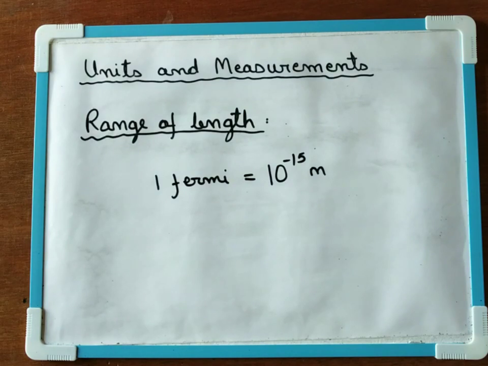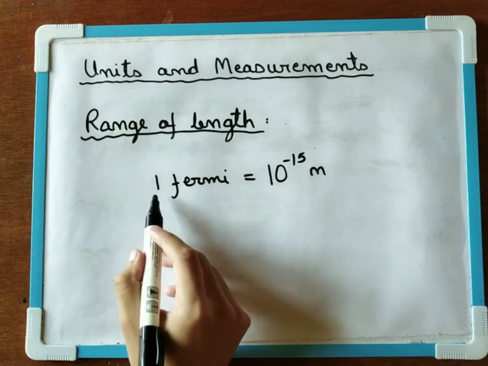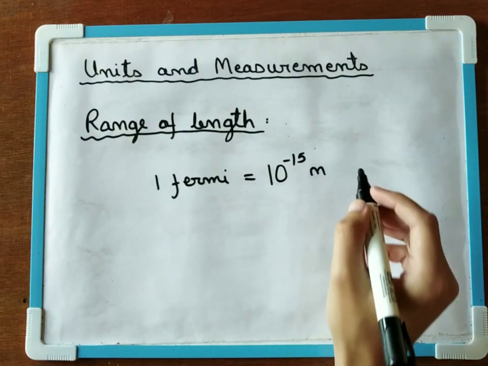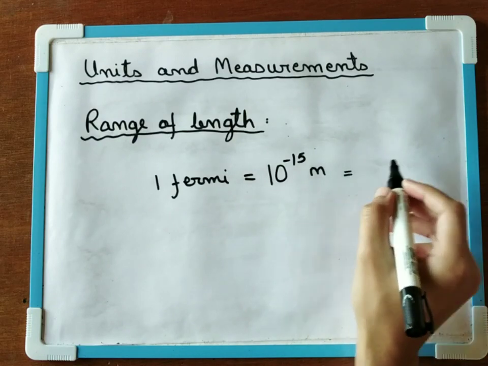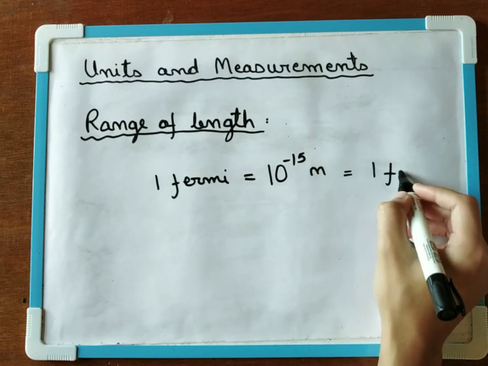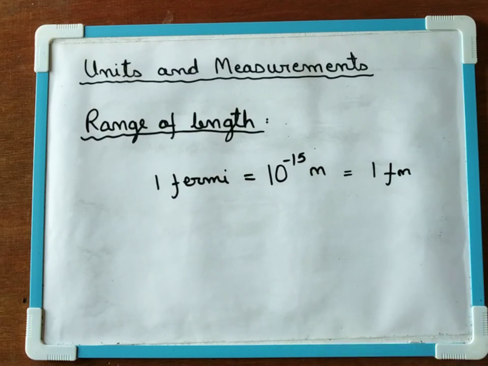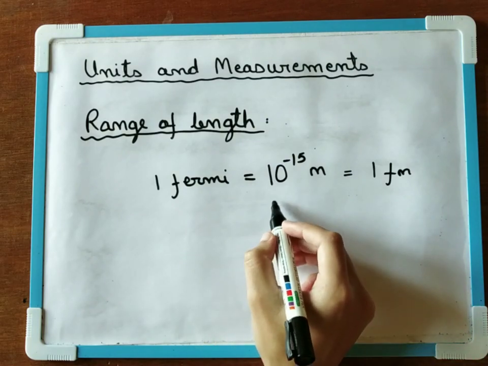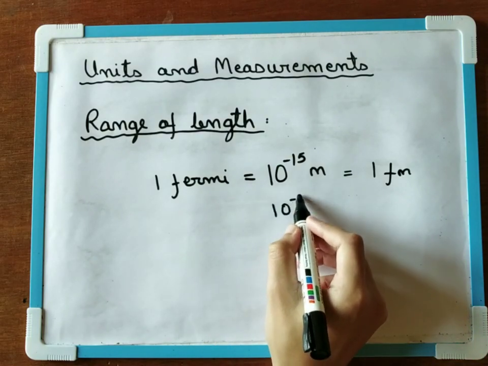So in order to measure the size of the nucleus, we will not use the unit meter, but we will use this 1 Fermi. And this 1 Fermi, we can also write as 1 femtometer. And the size of an atom is of the range of 10 to the power minus 10 meter.